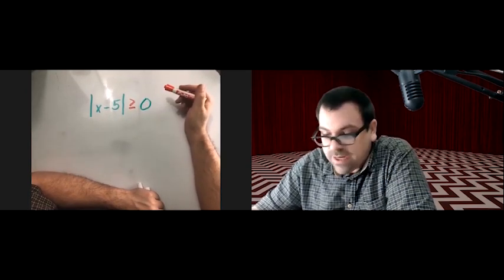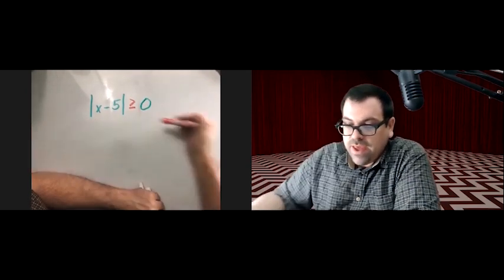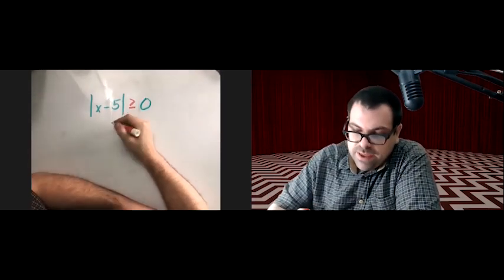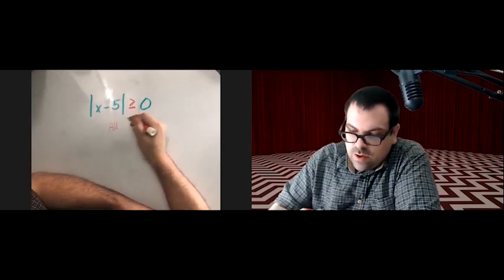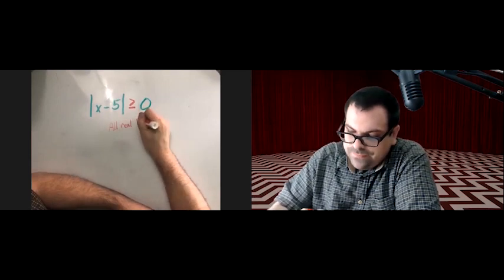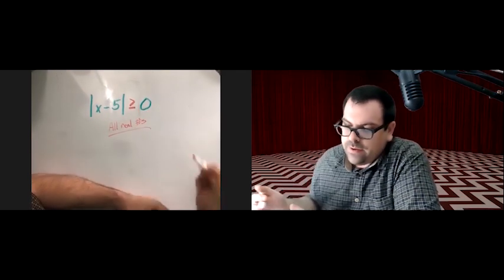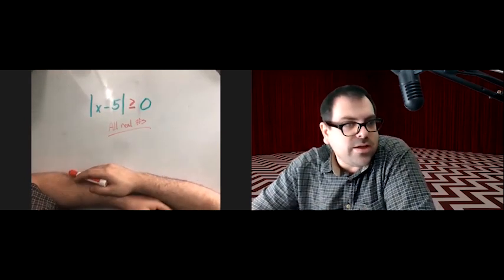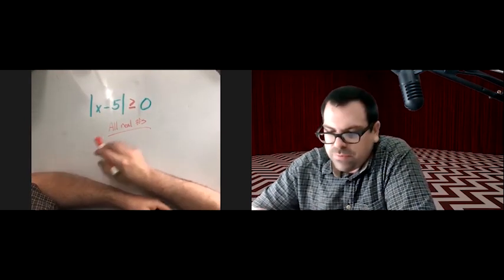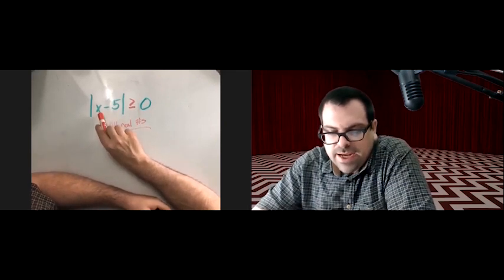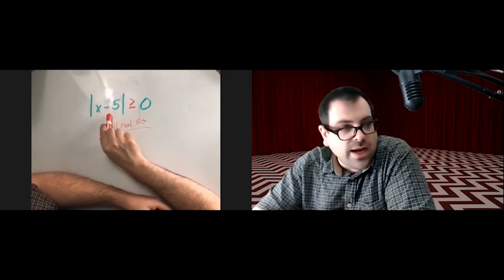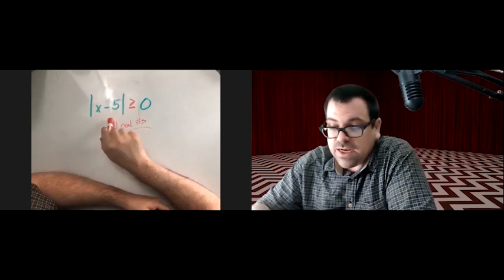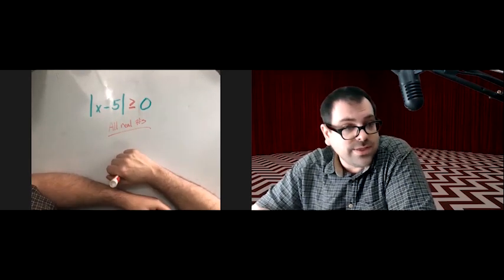It can't be less than. This would actually be all real numbers, because there's nothing we can plug in that doesn't make it true. If we put a negative number in, a negative number minus 5 is even more negative, but the absolute value is going to be positive, greater than or equal to 0.